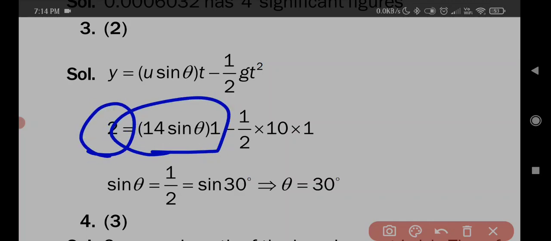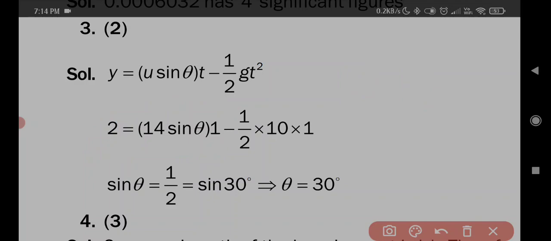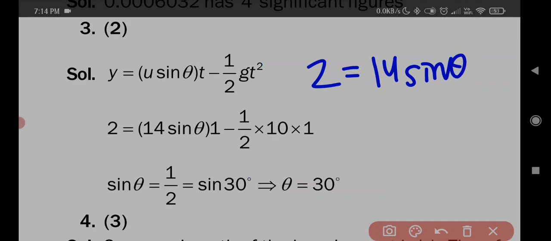14 sine theta, that is the velocity with which it is projected, that is 14, into 1 minus half. G is given in the question to take 10, so we have taken 10, and 1 second later, so t is 1. If you solve, 2 is equal to 14 sine theta minus 5.